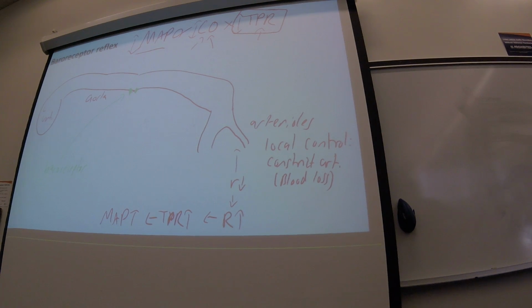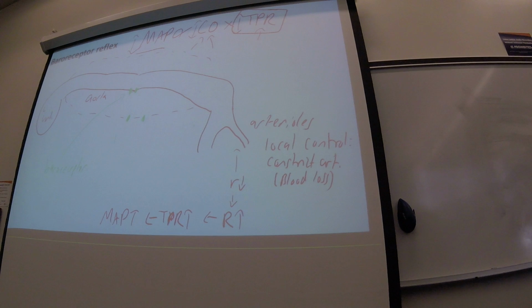And so what's going to happen when mean arterial pressure increases, the aorta is going to stretch, right? So this is kind of an exaggeration, but it's gonna bulge out. It's gonna stretch out as pressure increases. Aorta and other arteries are gonna kind of stretch out. And so these baroreceptors also will get stretched out.